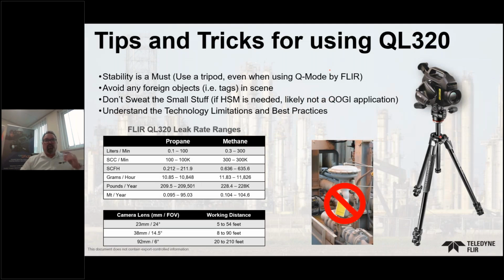Tips and tricks for using a QL320. As I talked about, stability is a must. Use a tripod, even when using the Q mode, just in the camera itself. I must admit, I have been in situations and environments, on a concrete platform in a refinery that vibrates.